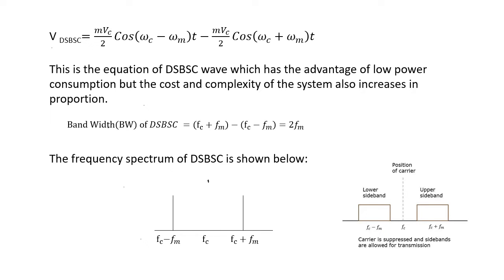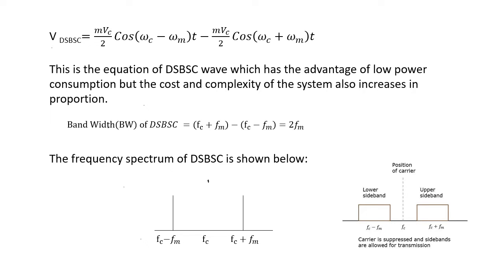In order to convert the basic amplitude modulated wave, that is double sideband full carrier wave, into double sideband suppressed carrier wave, we have to remove the carrier portion of the AM wave, and then the wave will convert into DSBSC, or double sideband and suppressed carrier.